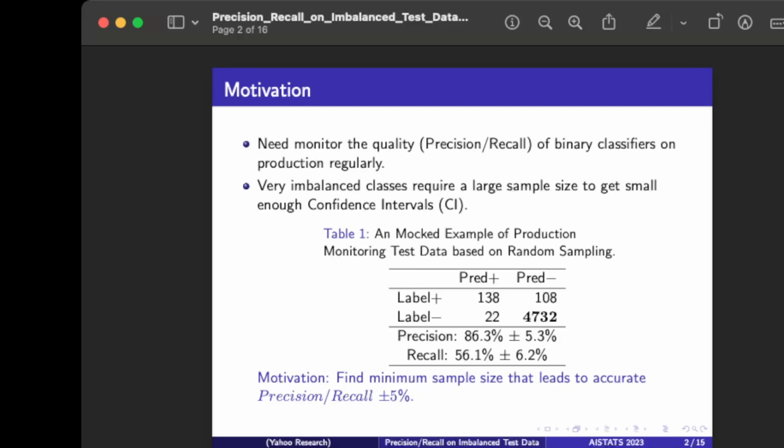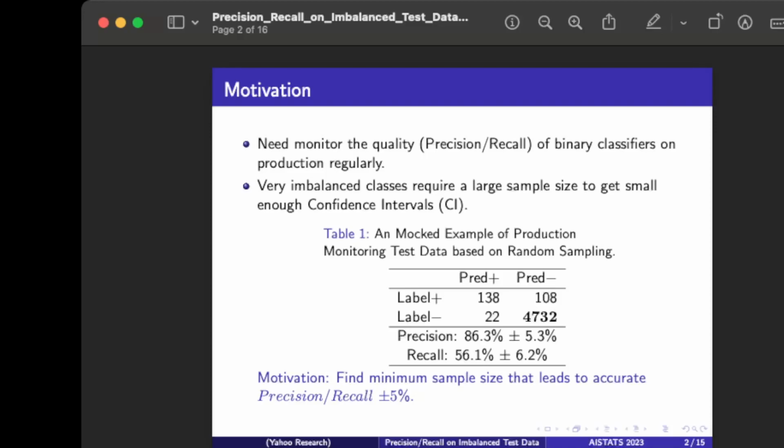Out of the 5,000 emails, 4,732 are true negatives, showing this class is imbalanced. For this random sample, the margin of error of the estimated precision and recall is 5.3% and 6.2%, which does not satisfy our 5% margin of error constraints.